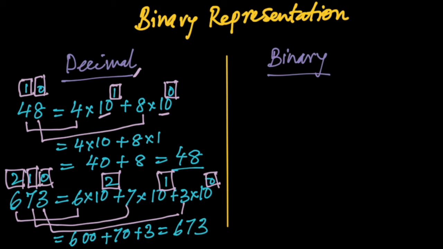In decimal we have a base of 10, and the numbers are going to be between 0 and 9 at each place value. In binary we have base 2, and at different place values we will have numbers between 0 and 1. So let's do some examples here as well.